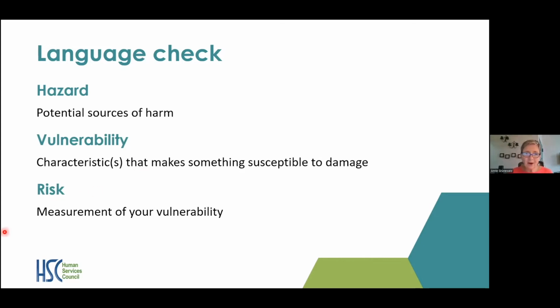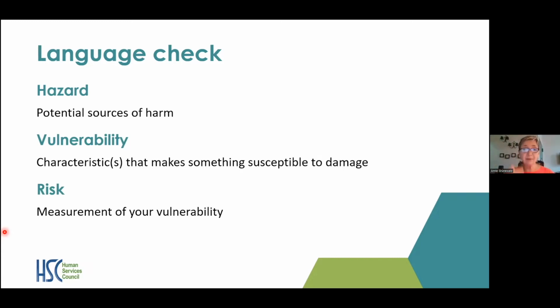So really all we're doing in this approach to a hazard vulnerability analysis is changing the spotlight, the perspective. We're looking at vulnerability in terms of the effects that a particular hazard can cause on our organization.